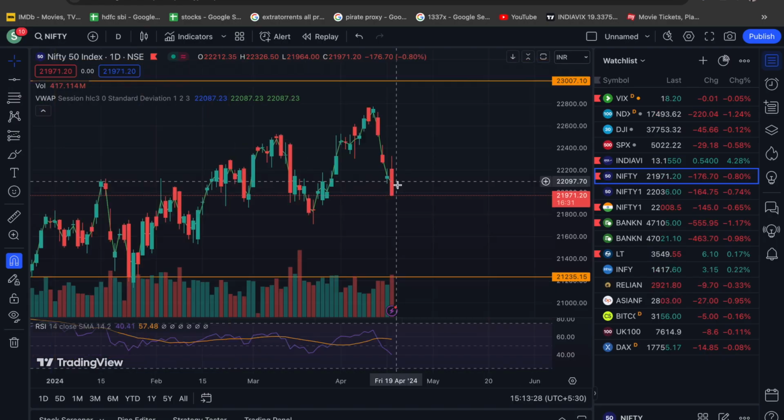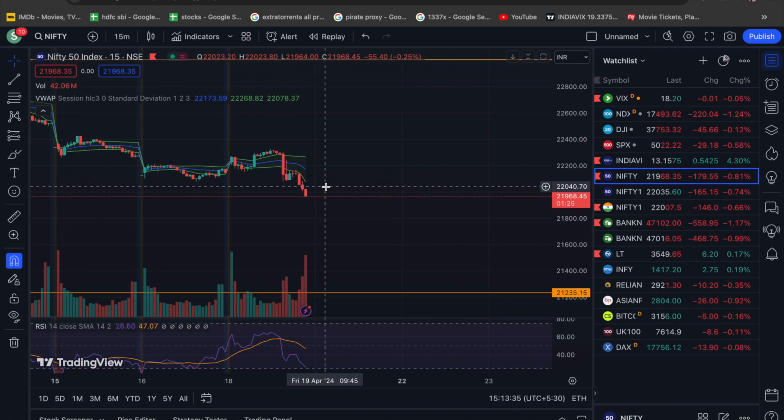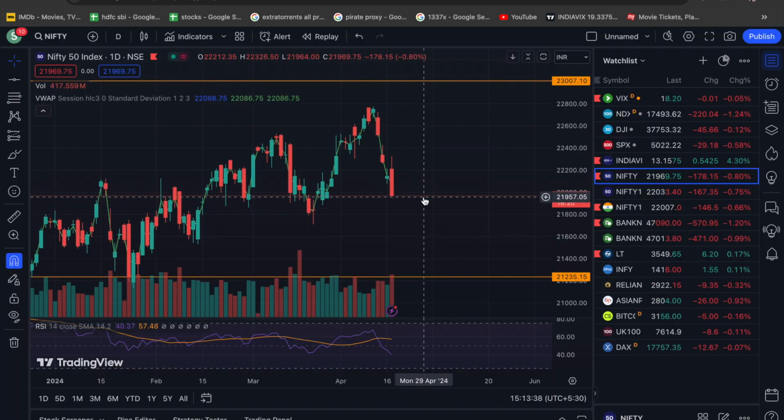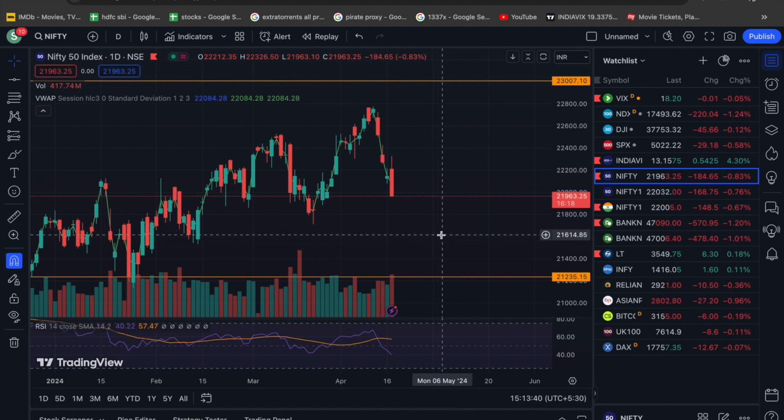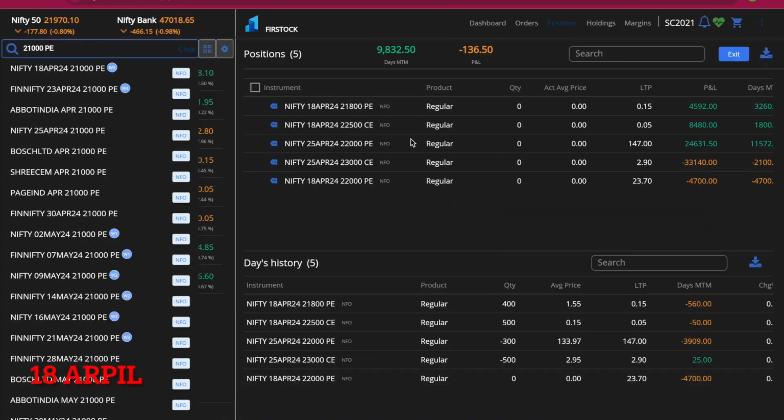Till Thursday, still falling down, and I think it will fall down and go to 21,800. What we will do, we'll put some strategy, that is a ratio spread. So if the market falls down further, we will get some benefit, or we will put zero loss here, and if the market goes up, we'll get some benefit. We will do something like that.